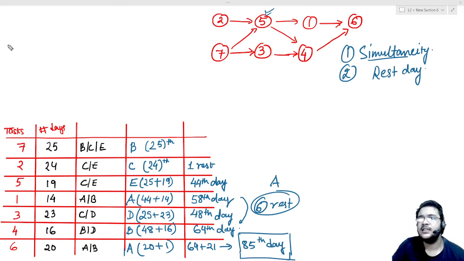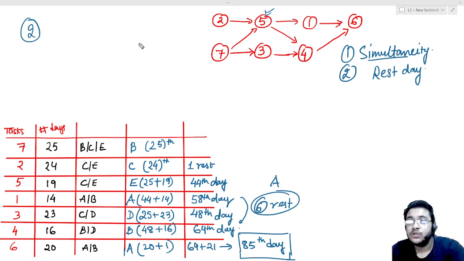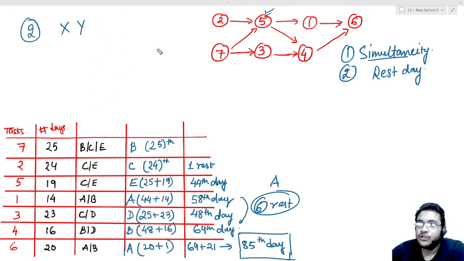What they're saying is they just want 2 persons. And which 2 persons? Can you randomly take X and Y? Can you randomly take 2 persons? You have to be very careful that these 2 persons should in fact be present in this structure.